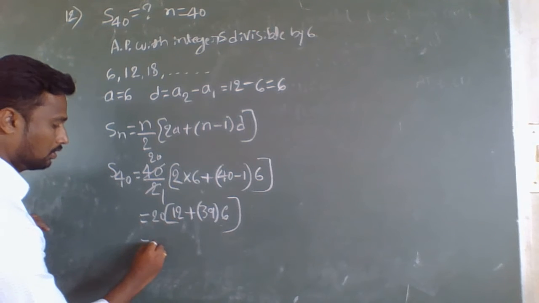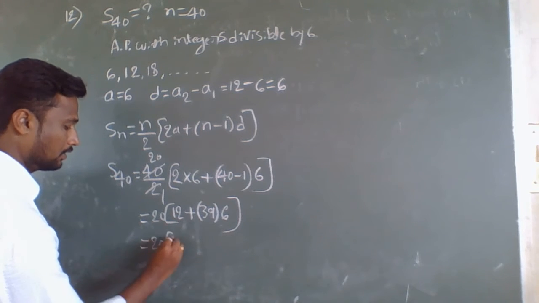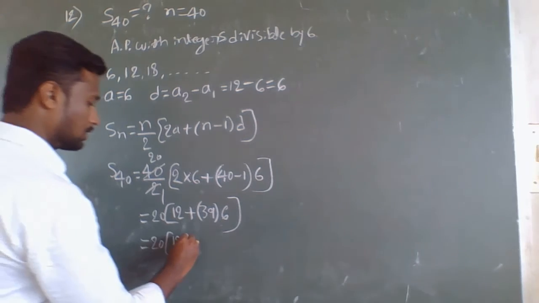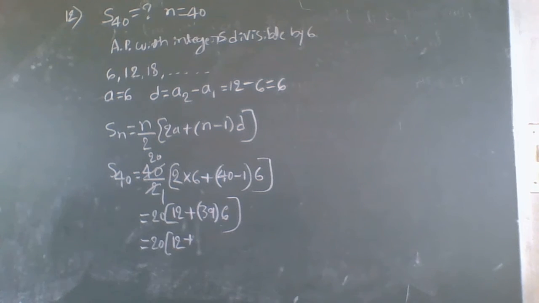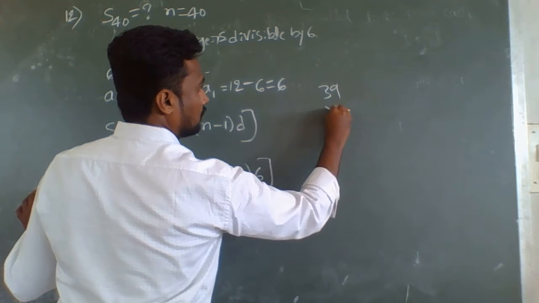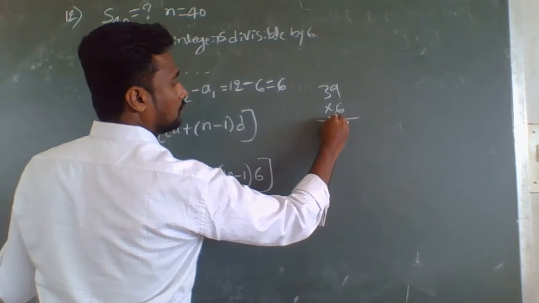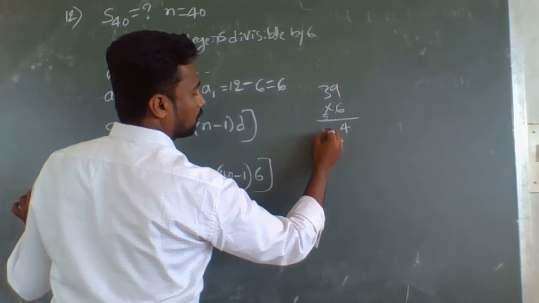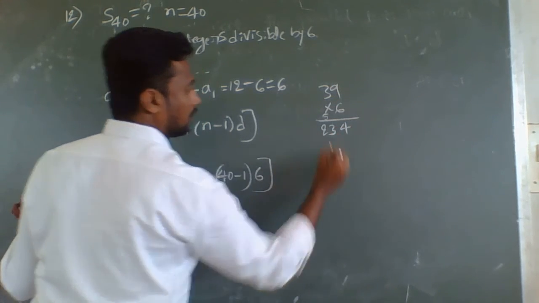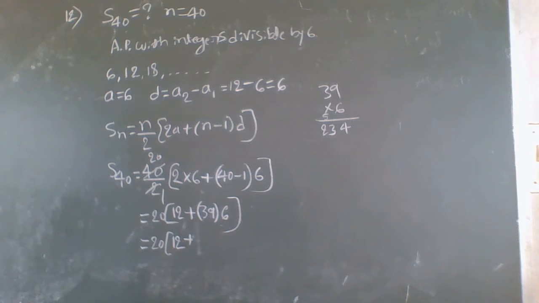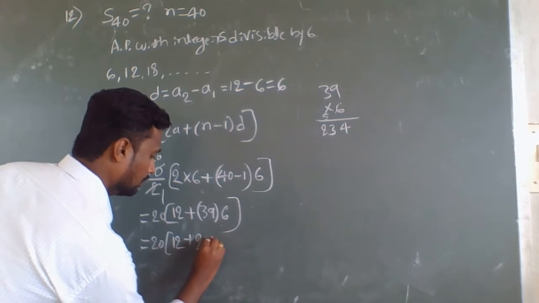Next step: 20 into bracket 12 plus 39 into 6. How much is 39 into 6? 6 into 9 is 54, 6 into 3 is 18, 18 plus 5 is 23. Therefore, 39 into 6 is 234.